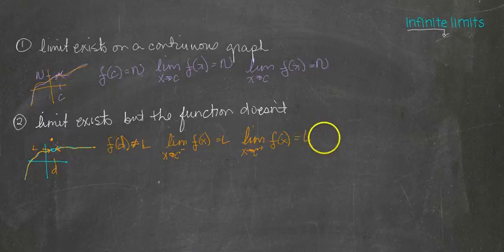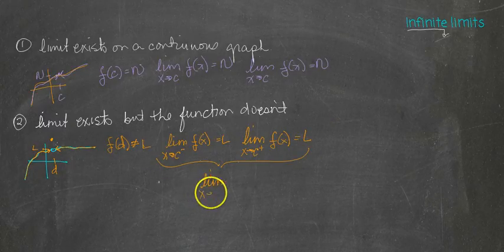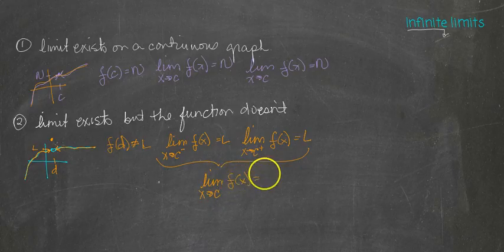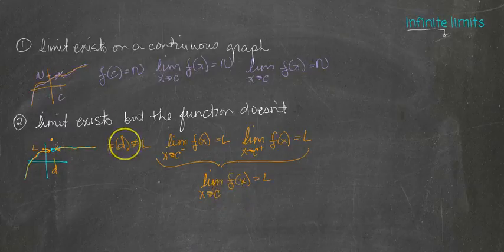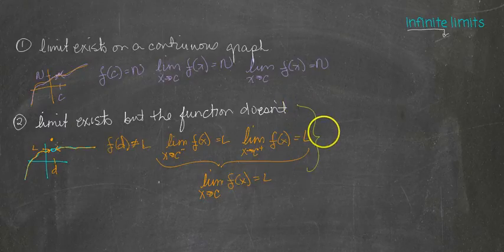In this case, we would be able to say that combined, the limit as x values approach c of f of x equals L, because the left-hand and right-hand limits exist, therefore the general limit exists. But the function doesn't exist. This is also called a removable discontinuity.